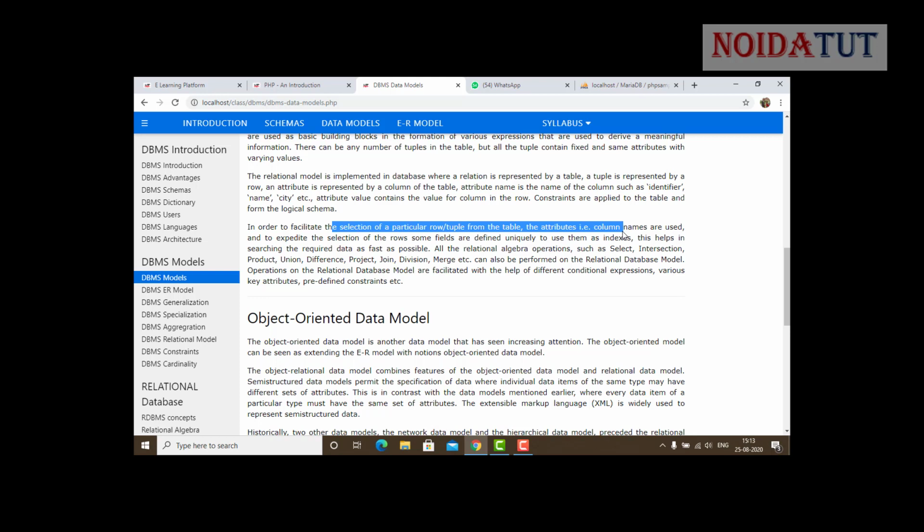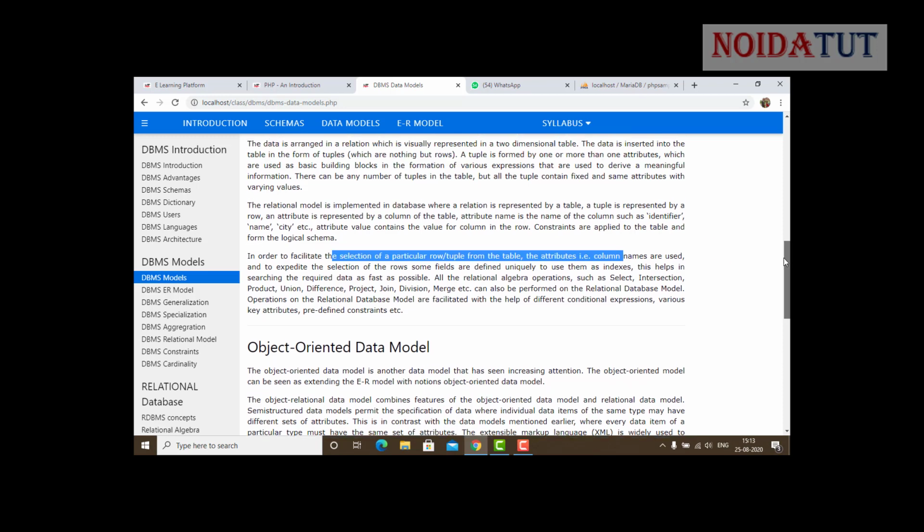All the relational algebra operations such as select, intersection, product, union, difference, project, join, division, merge, etc. can also be performed on the relational database model. Operations on the relational database model are facilitated with the help of different conditional expressions, various key attributes and predefined constraints, etc.